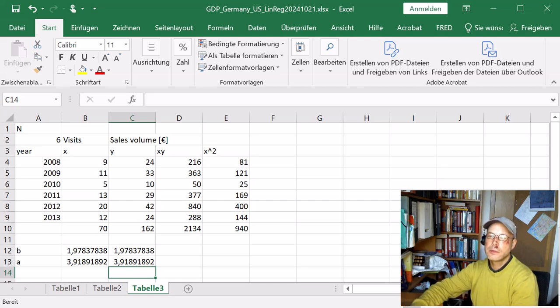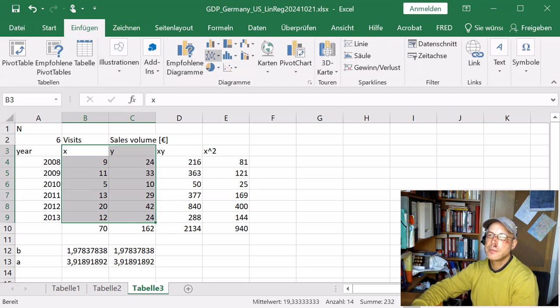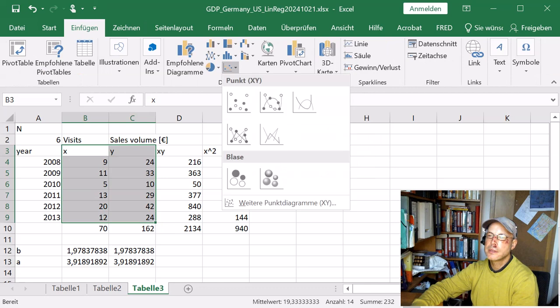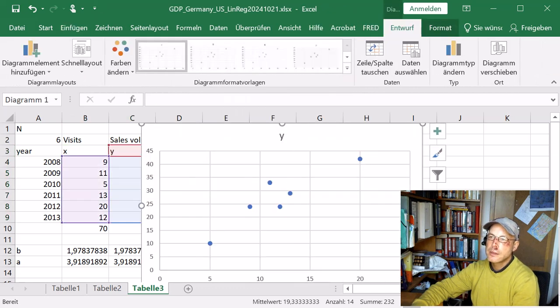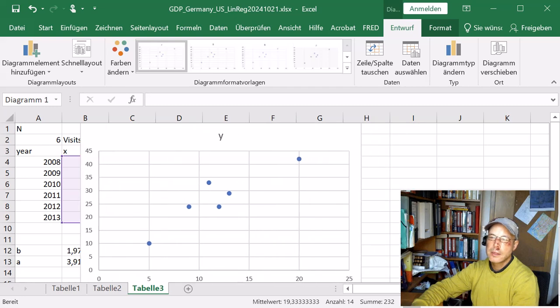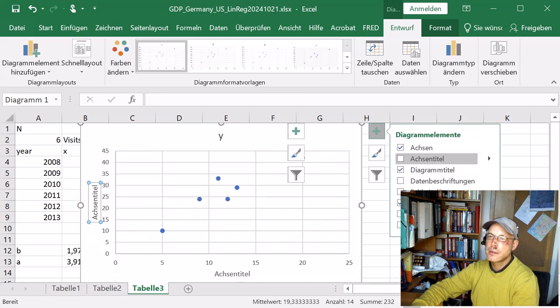Or what you can also do is take just the data points, plotting our data points, and then let's put it here.